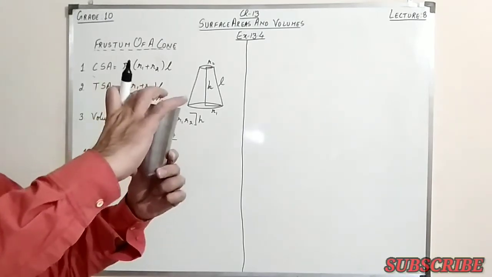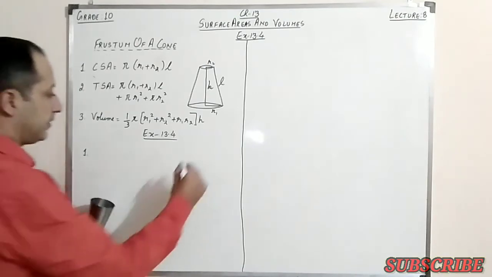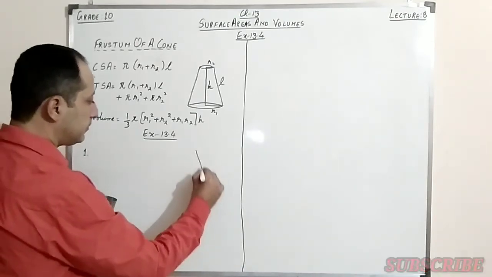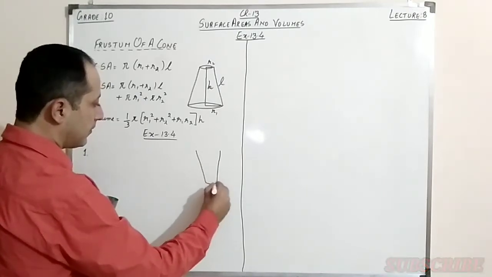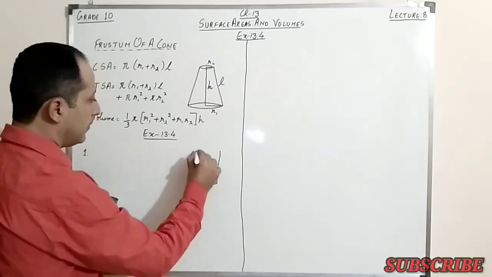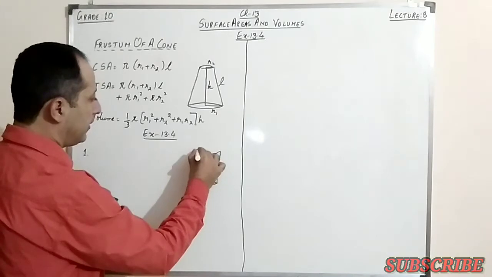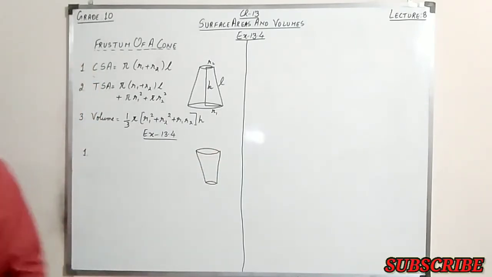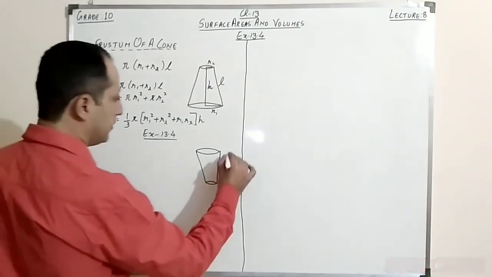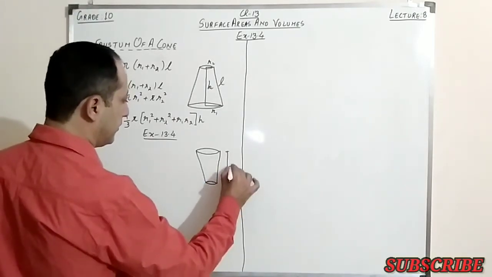Let's draw the diagram first. We have a drinking glass, something like this, and the height is 14 centimeters.